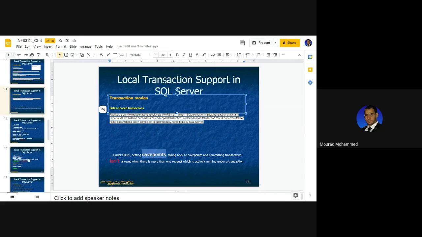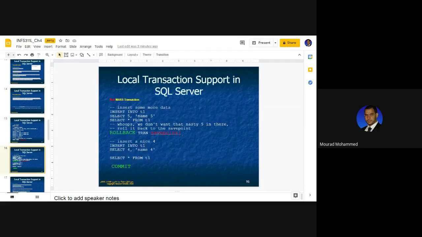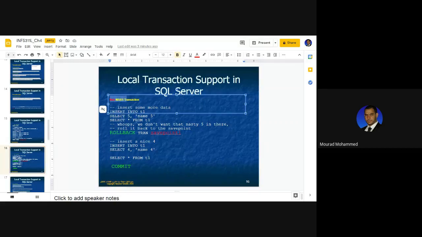Here is the example, and here we are seeing a non-mass based transaction, via which we are able to generate time frame points. The save points here are time frames. This time frame is to be utilized later on to control the behavior of a full transaction.